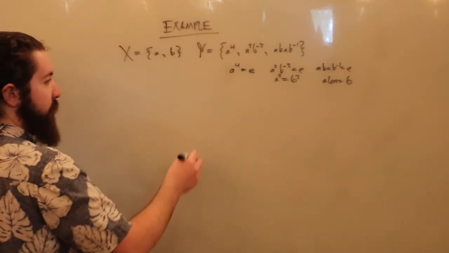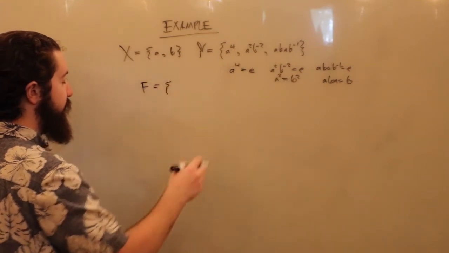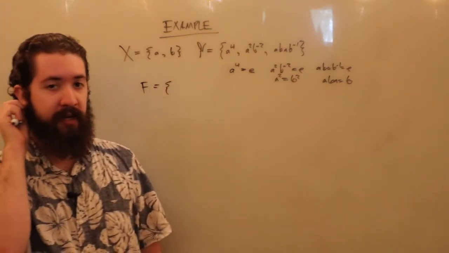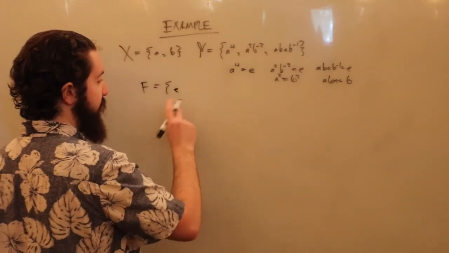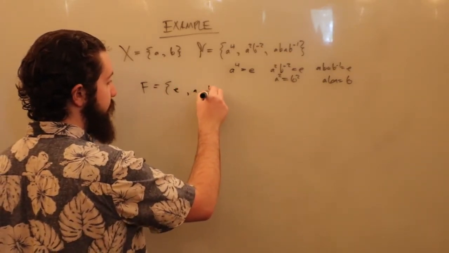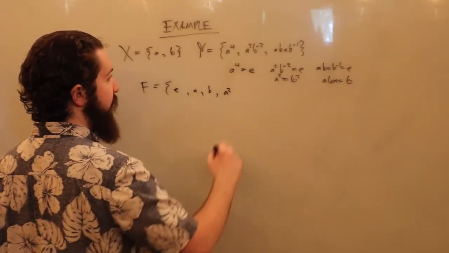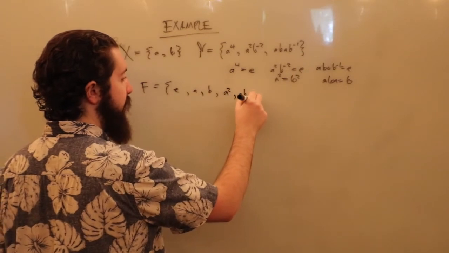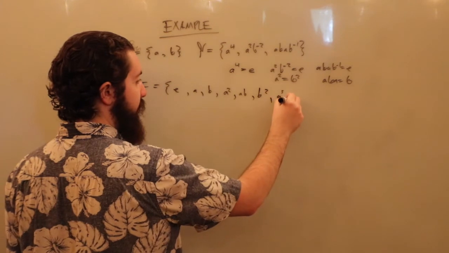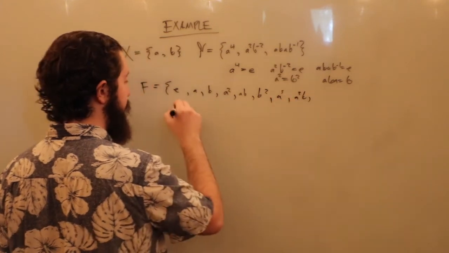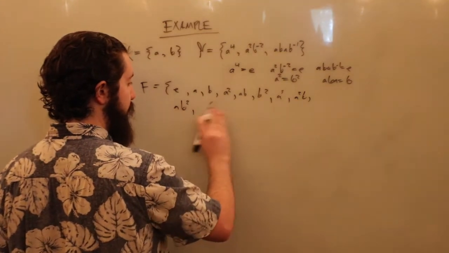Well, let's start with all possible combinations again. Let's start with the free group and just try and reason a little bit about it. Okay, so elements of our free group. We'll start with the identity, and A and B as usual. And now we're going to have A squared, AB, B squared, A cubed, A squared B, AB squared, AB cubed.